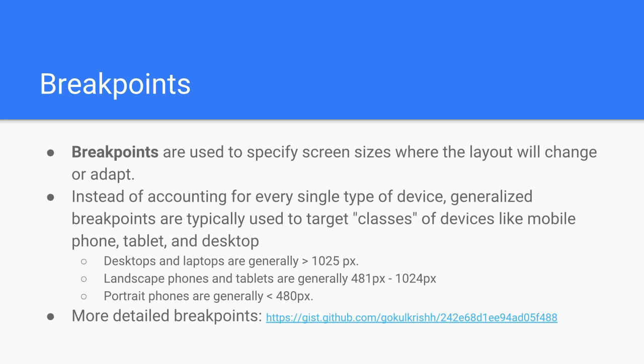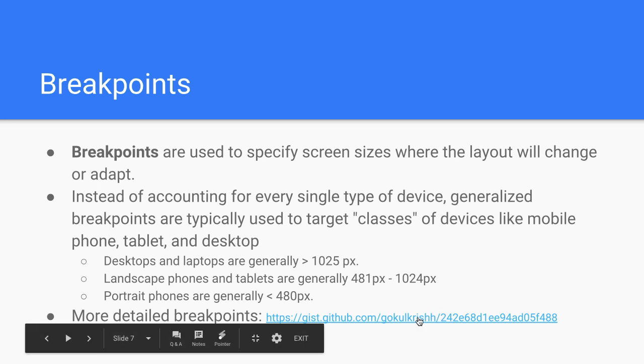So I'll use things like that sometimes. 481 to 1024 is going to be your tablets or a larger phone in landscape mode, because phones are pretty big now. Some landscape phones are not that much narrower than a laptop, or a small laptop even. And then portrait phones, usually anything less than 480 pixels, you can be pretty sure that's a normal orientation phone.